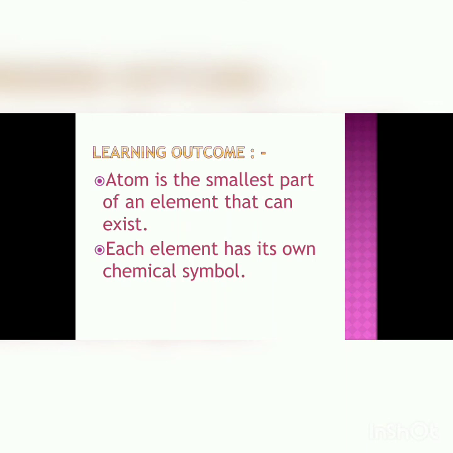Now, after watching this video, I want you all to revise the names of the first 20 elements of the periodic table and try to write their chemical symbols, the element symbols of these first 20 elements.